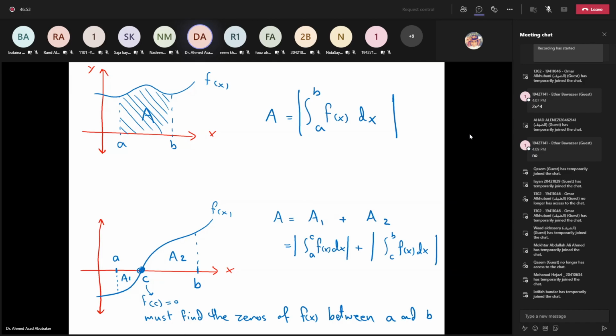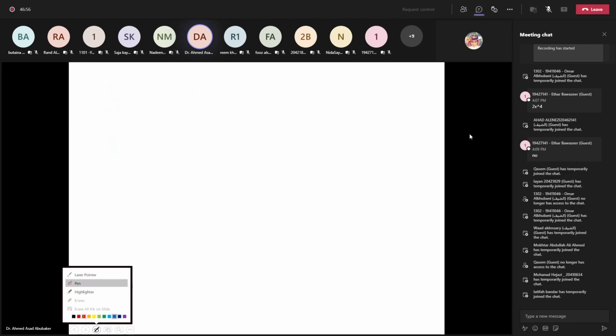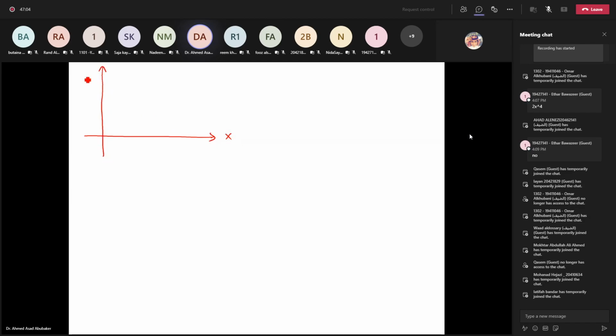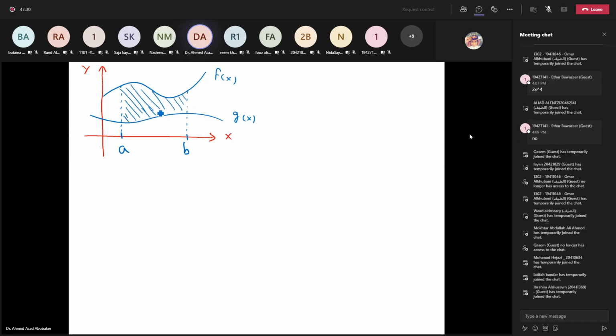The case number 3: sometimes we need to find the area between two curves from A to B. For example, if we have f of x like this and g of x, and we need to find the area between A and B, the area from A to B between f of x and g of x.